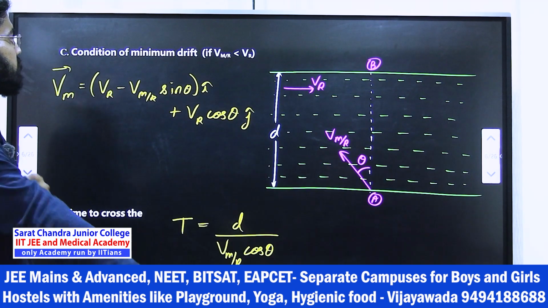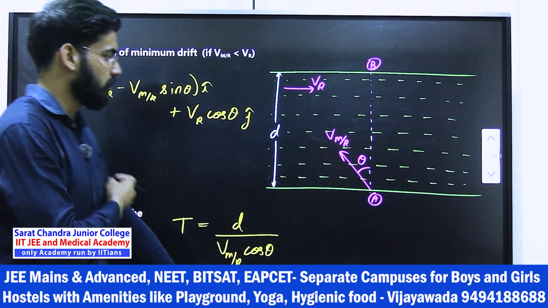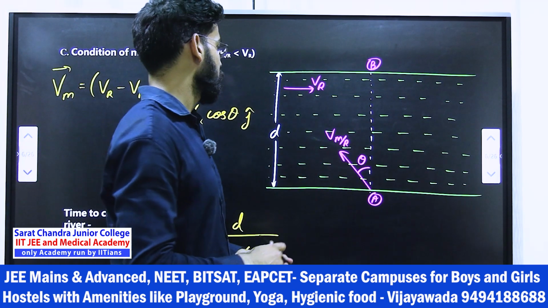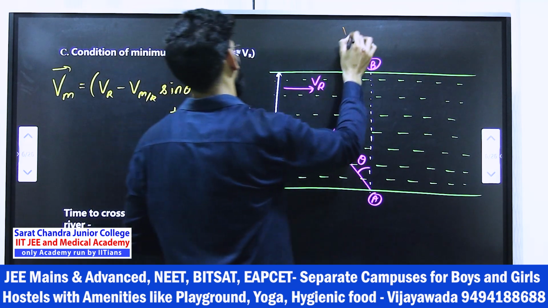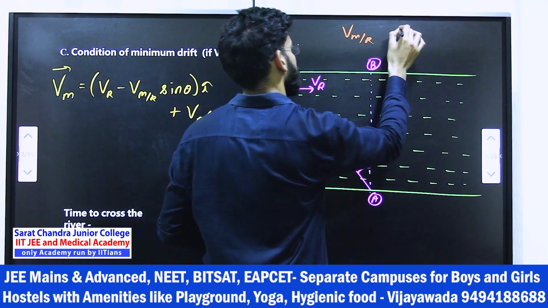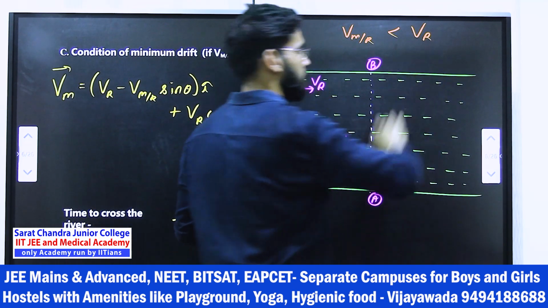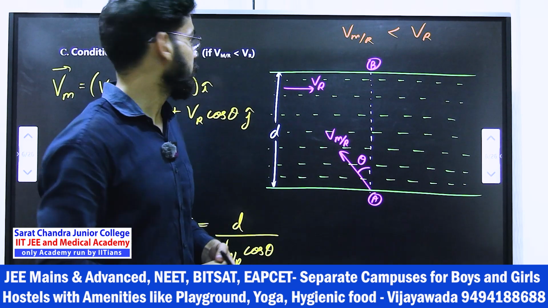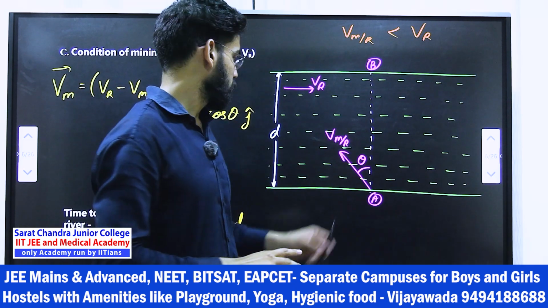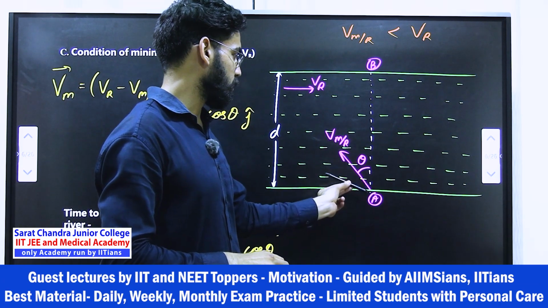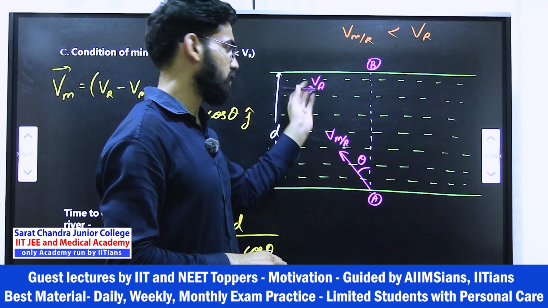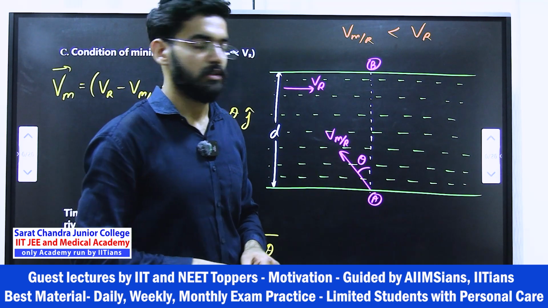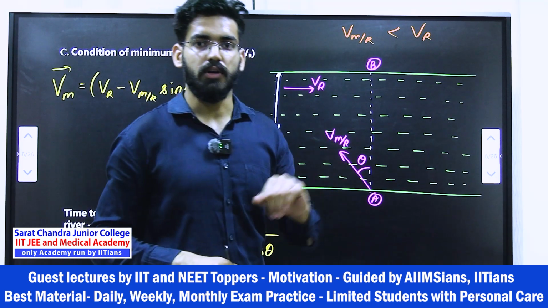Now next we have the condition for minimum drift. So you say, sir, my Vm by r is not enough to balance the river velocity. My Vm by r is less. So even if I give a component, it will not be able to balance the river velocity. Still I want the minimum.